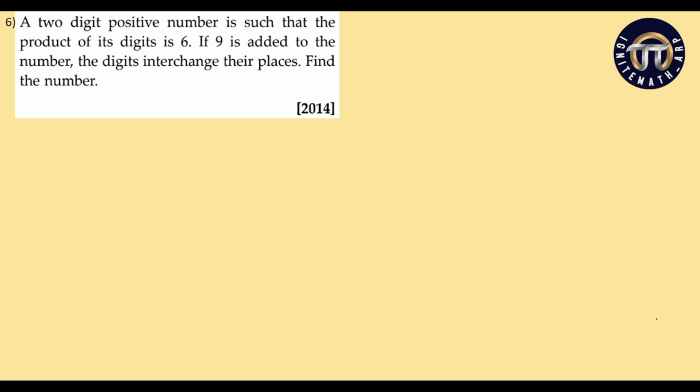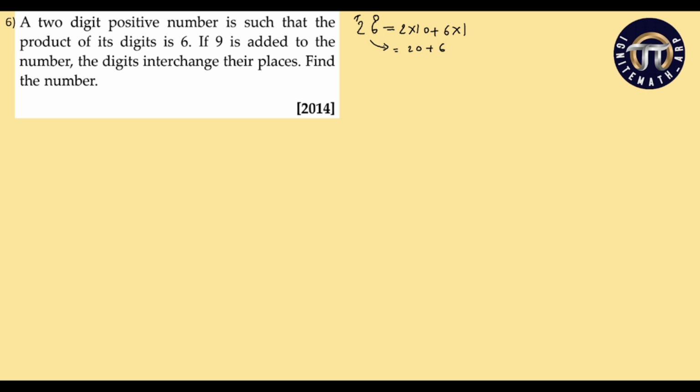Find the number. Children, you must know that in your lower classes, you are given a question like 26. If I'm asking you to write it in the expanded form, you used to write it like this: 6 is in the ones place, 2 is in the tens place. So you used to write it like 2 into 10 plus 6 into 1. So that is nothing but 20 plus 6 is the expanded notation of 26.